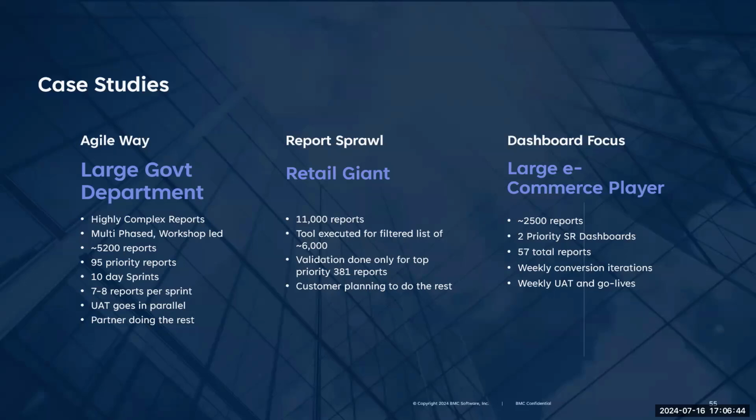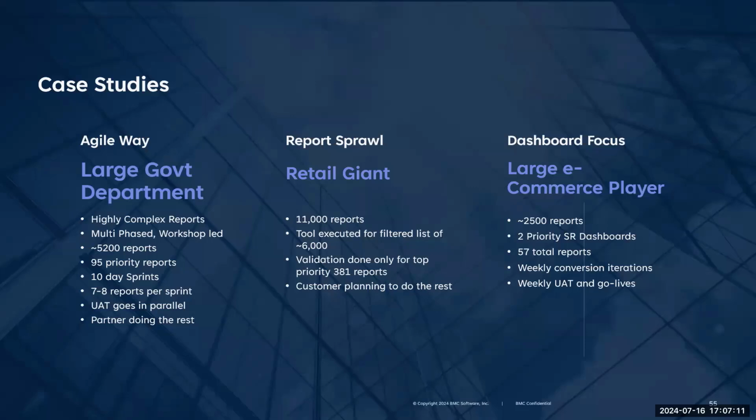So this was done in multiple phases with multiple workshops, working with the customer to understand what the report is all about, how best that can be converted into the new platform. They started with close to 5,200 reports, but then finally came down to 95 priority reports.